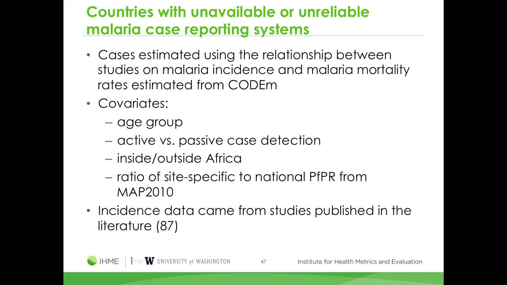Now, for cases for malaria, we take 87 published studies on incidence that met certain quality criteria, and then we look at the relationship between incidence, PFPR, Plasmodium falciparum parasite rate, and the estimated mortality rate, age, sex, location, and generate a model to estimate incidence.